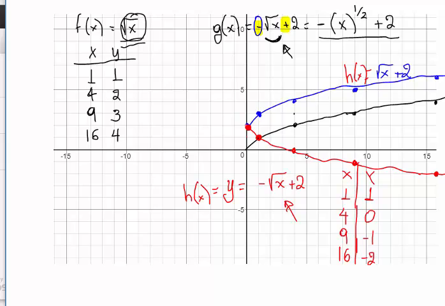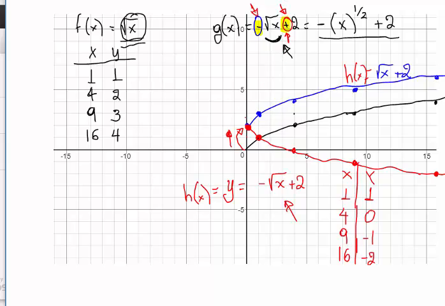As we can see, the red curve is the black curve after we perform two transformations on it. The first is we have taken the black curve and made it into the blue h of x by just shifting it up by 2 units because of the plus 2 right here.